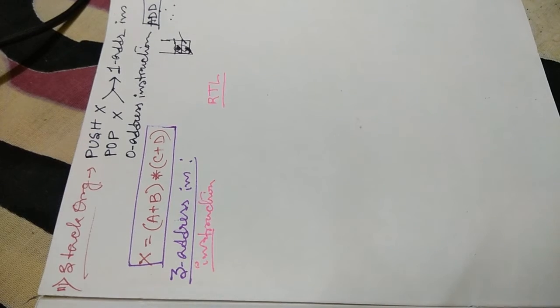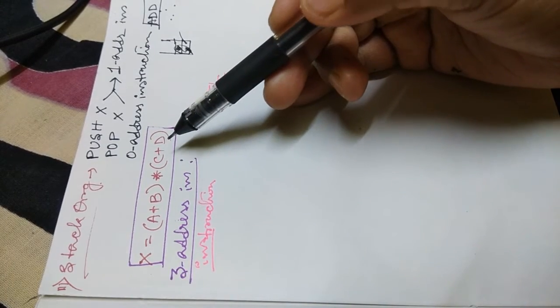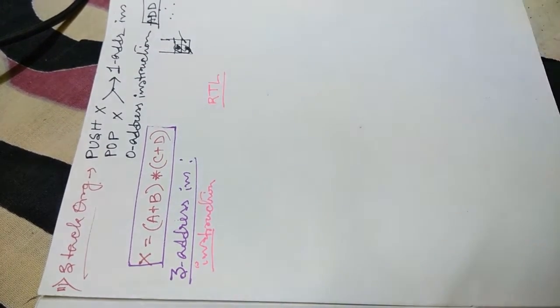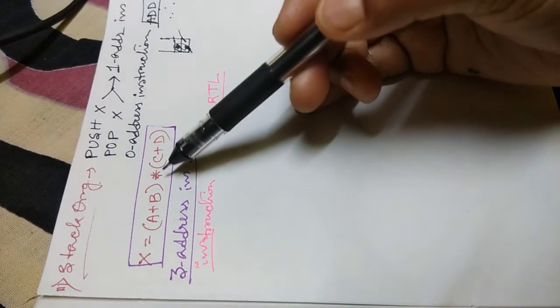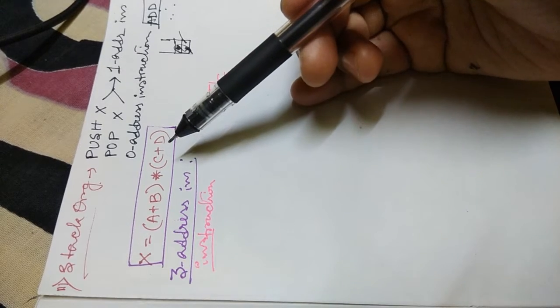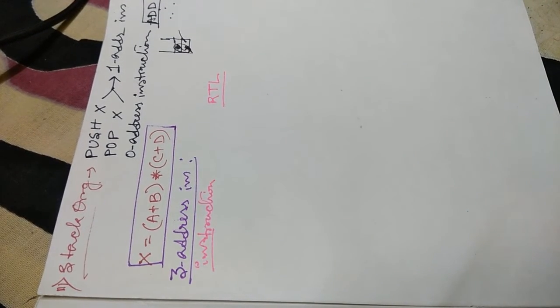Firstly, A plus B has to be added. The next step will be to add C and D, and the third step will be to multiply the results of these two additions. Right? Now we are about to use 3 address instruction. That means in an instruction 3 addresses will be present.